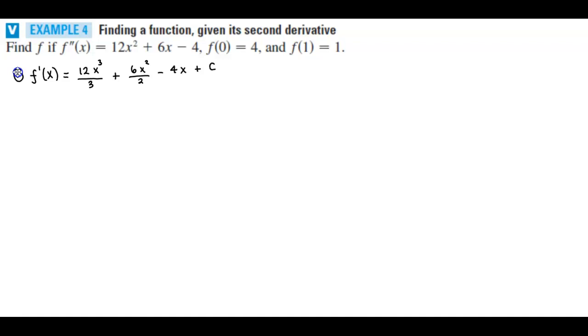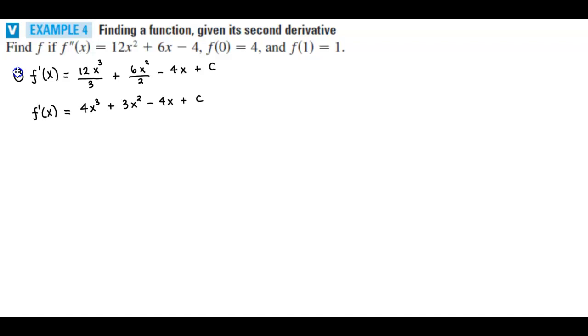Okay, so now let's simplify this just a little further. So f prime of x is then going to equal 4x cubed plus 3x squared minus 4x plus c.